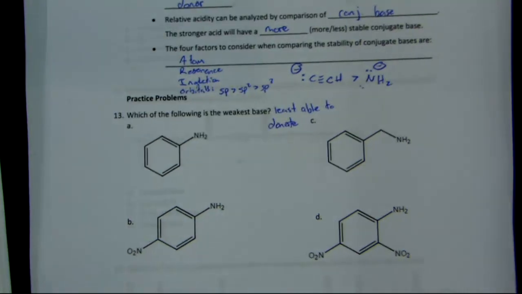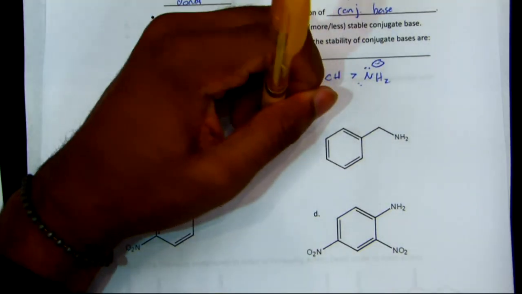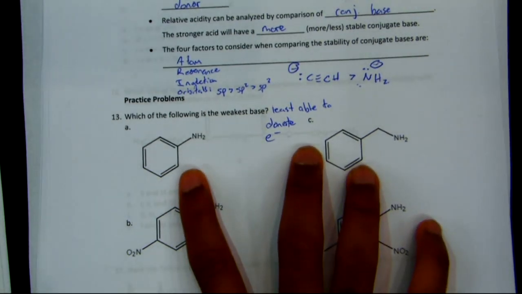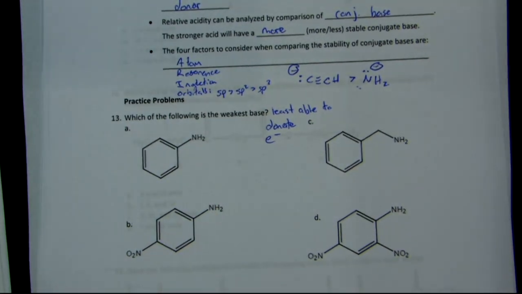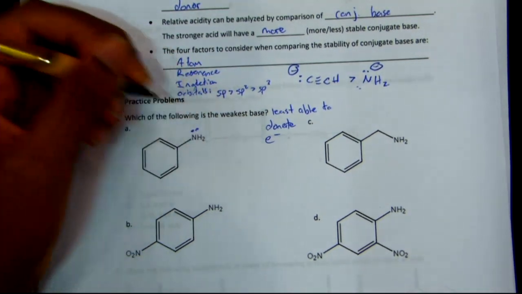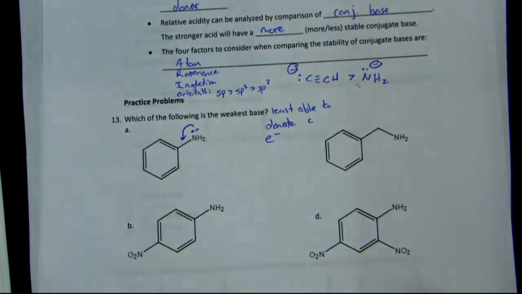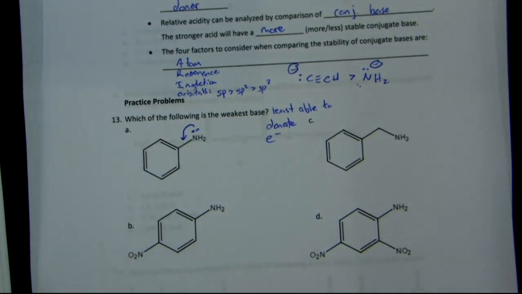Okay, so least able to donate electrons. In this case, let's just look at this. Is NH2 an activator or deactivator? Good, activator, right? So this lone pair, instead of going out and acting like a base, is too busy hanging out with this ring. So not a good base because my lone pair is doing something else.